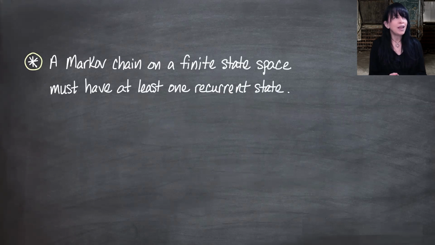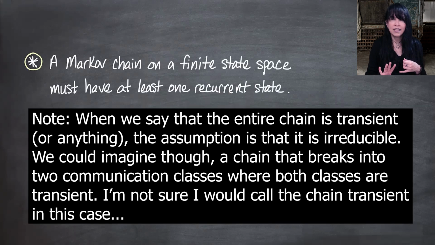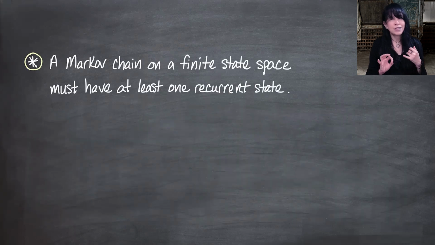So the only way you could have your entire chain be transient, number one, you would need one communication class. Everything would need to communicate. But you would need to be able to escape every state, never to return again with some positive probability.